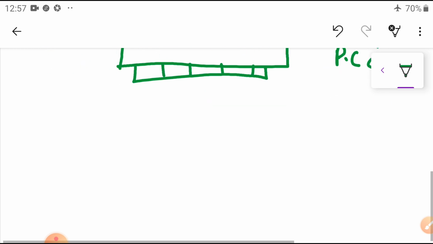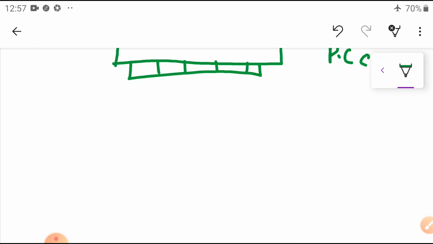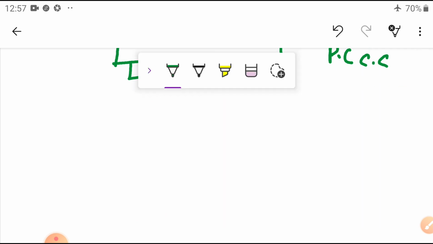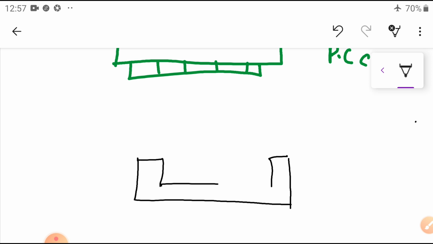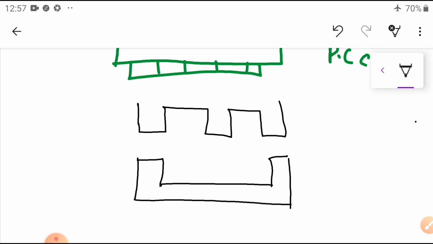Already we know the internal diagram. Let us see the diagram once again. It has two magnets. One is the series magnet, made up of laminated silicon steel material, and the upper magnet is placed here.